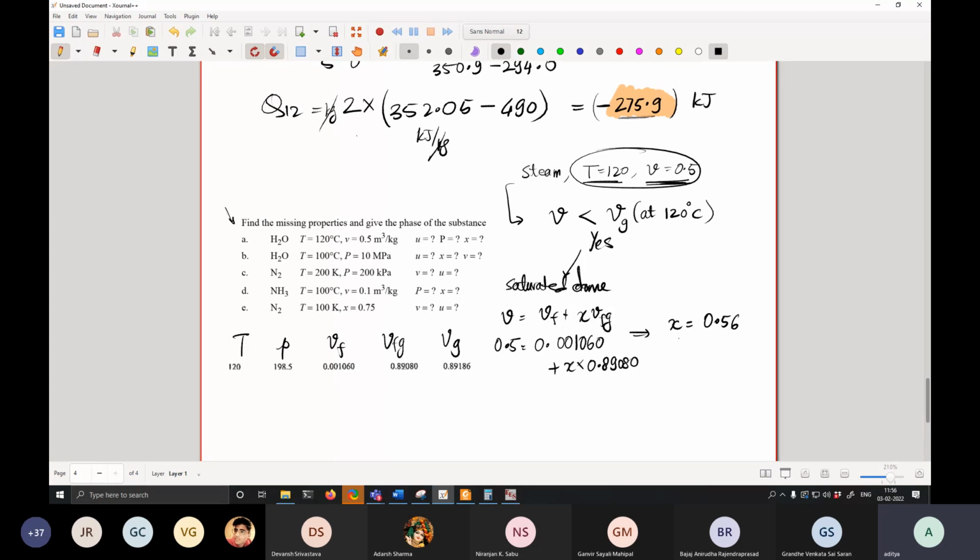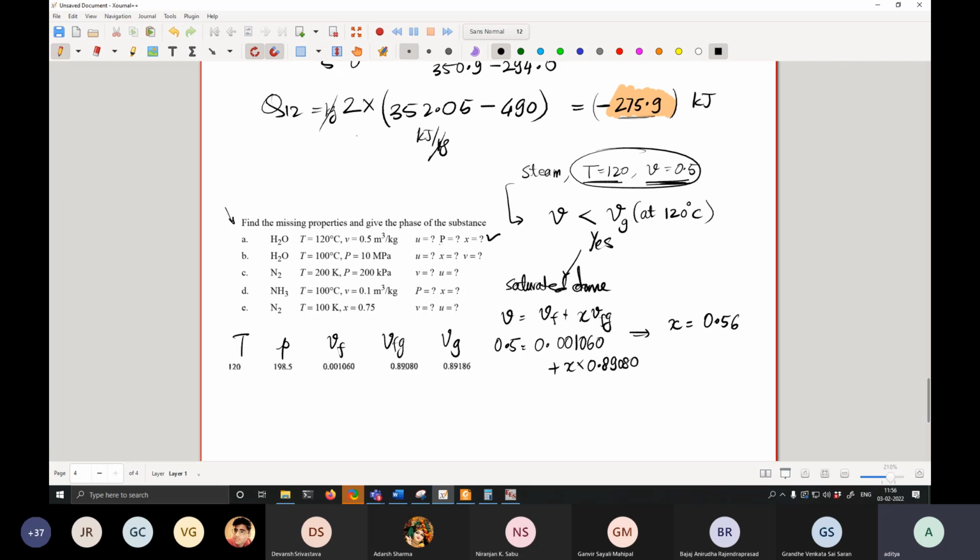Yeah, that looks okay. Now we have obtained X, and we have also answered what the phase of the substance is. It's in two phase, because liquid and vapor coexist at this point. It's a mixture of liquid and vapor.